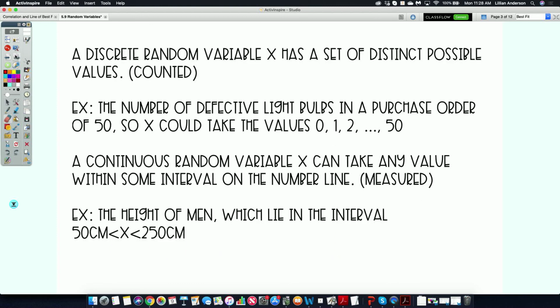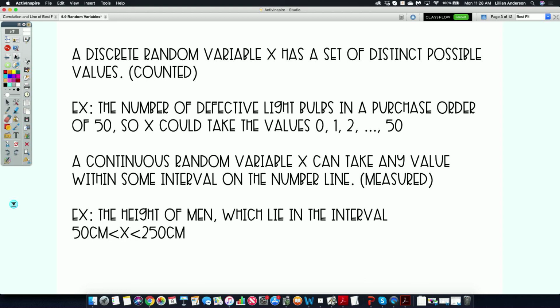So on this next page, you shouldn't have to write down anything because we've done that. A discrete random variable, x, has a set of distinct possible values, things that can be counted. It hasn't changed because I put it with a random variable after it. Same thing, continuous random variables are things that can be measured. They can take on some interval along the number line.